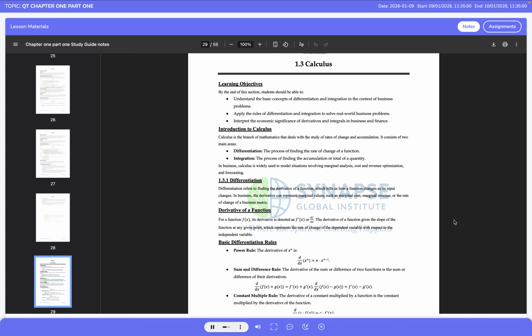It consists of two main areas. Differentiation is concerned with measuring how one quantity changes in response to another, while integration focuses on measuring the total or accumulated effect of change. In business, calculus is widely used in marginal analysis, optimization of cost and revenue, and forecasting future trends.